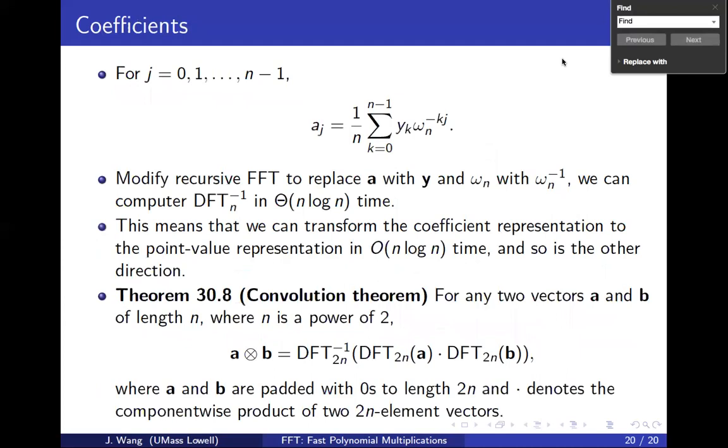All right, so finally we can get this coefficient in this form. Okay, so a_j is just the sum of these times 1 over n.